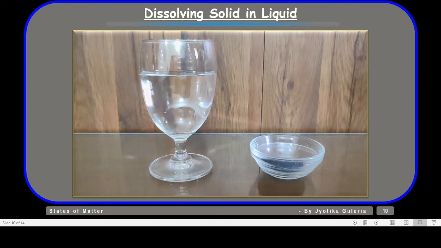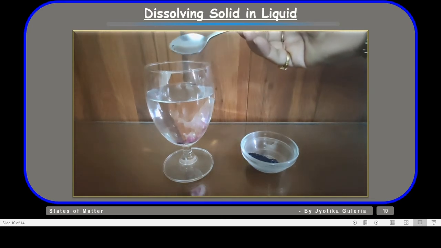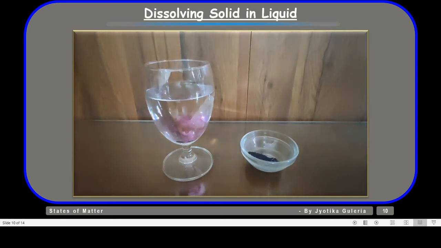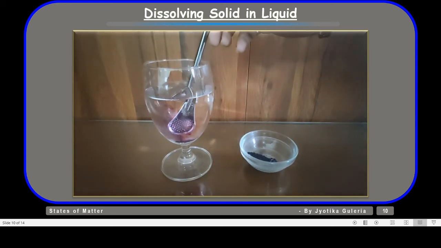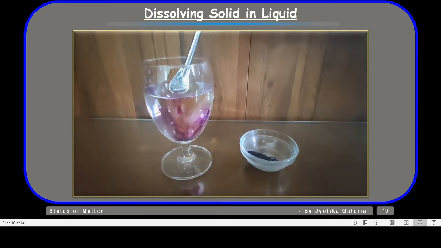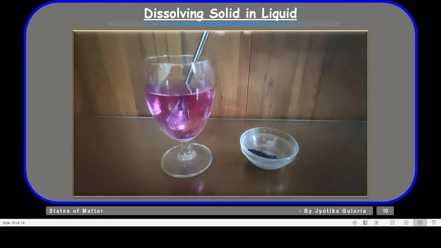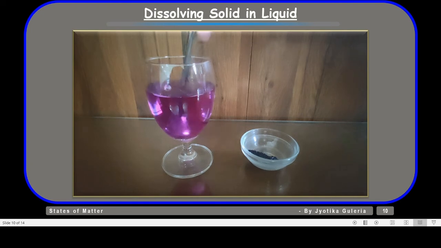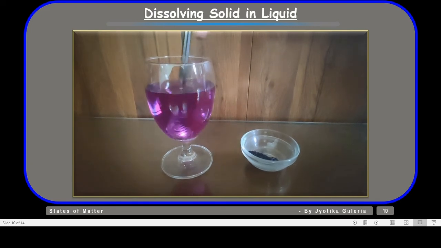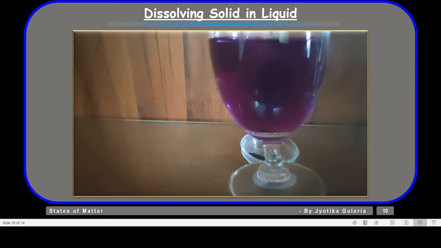Now we will add a few crystals or particles of potassium permanganate in water. As you can see, they have started occupying the space between the particles of solvent. So here is our potassium permanganate and the color is spreading all over, indicating the space which has been occupied by it in between the solvent particles.